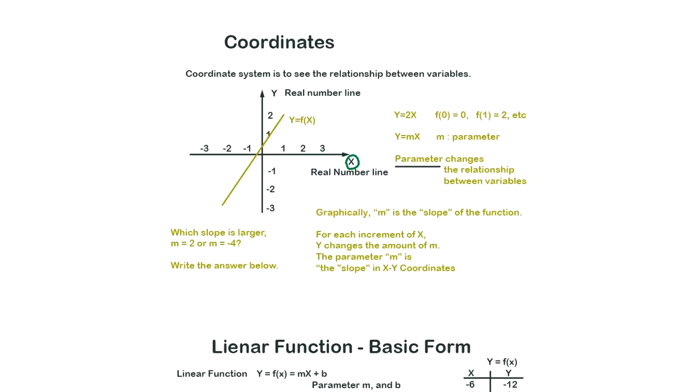You have x and y. These are real number line. Okay? And linear function is like y equals 2x, or it doesn't have to be 2, any number, say m. Well, when you say any number, then another variable here.